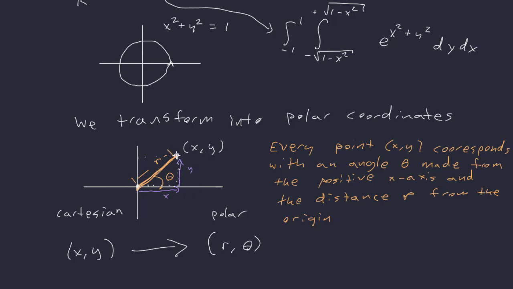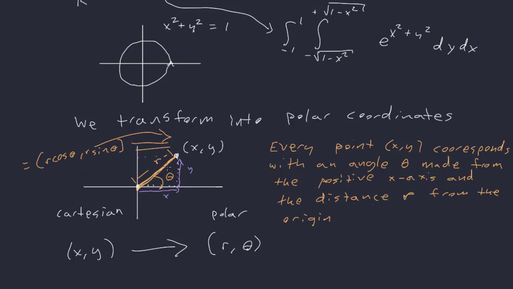We've seen this before. If we think of this instead as a vector, we know that this point can be written as r cosine theta, r sine theta. Okay, so that's what this point equals.